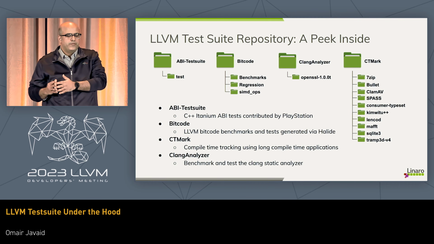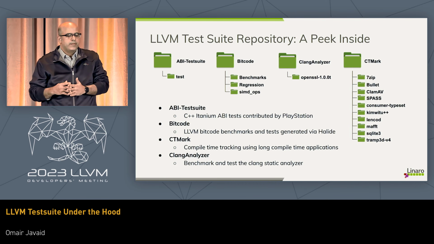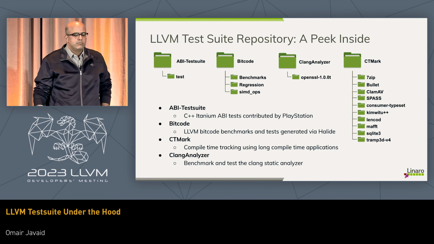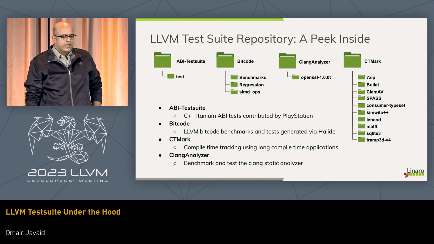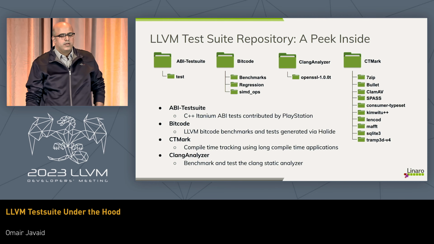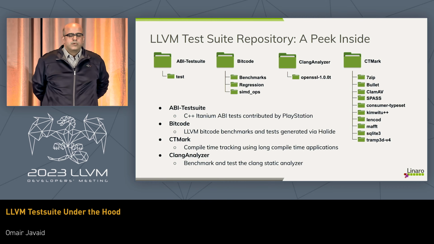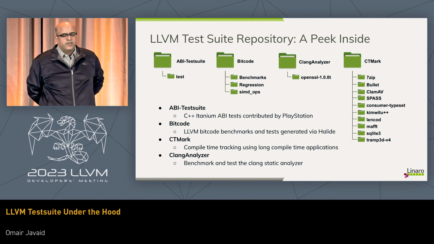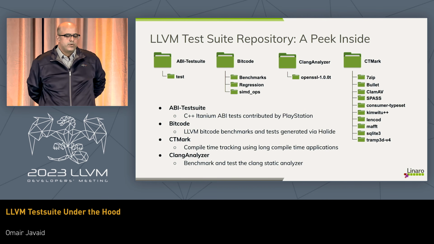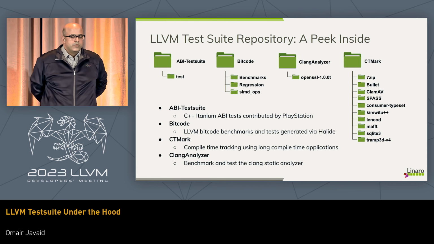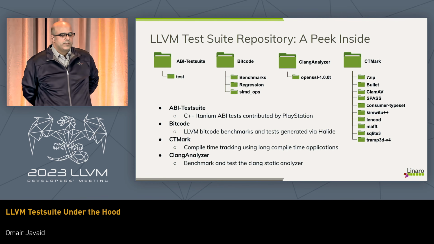Rather, they have their own runner, and there is a README file within the folder which can help you get started on them. Then we have the bitcode folder. There's a language called Halide, which has generated these bitcode benchmarks, and they can be run with the rest of the test suite to generate the benchmark and performance results.